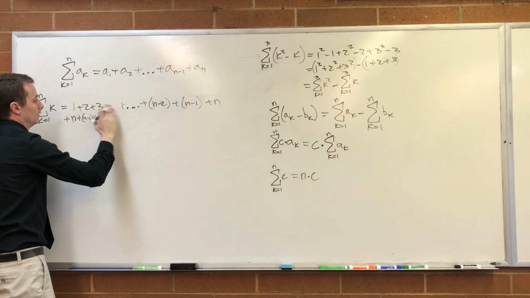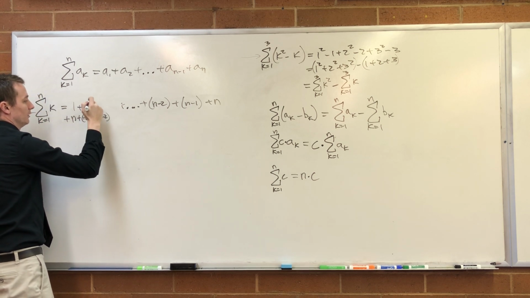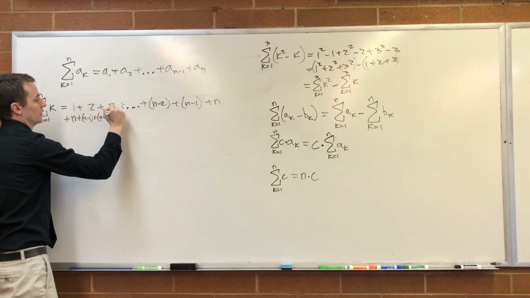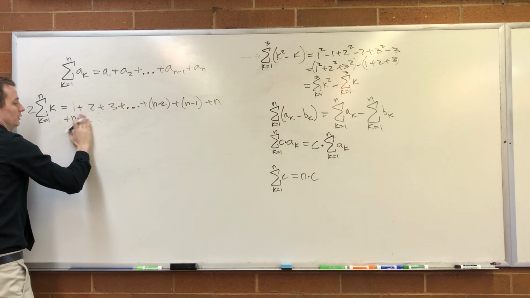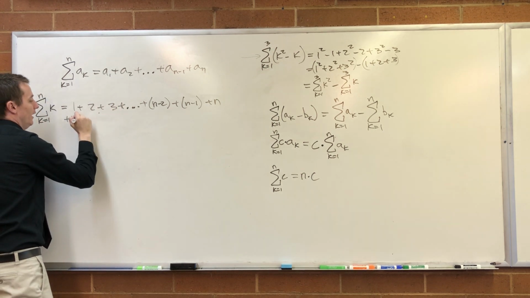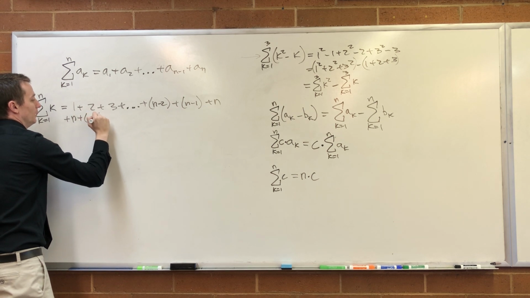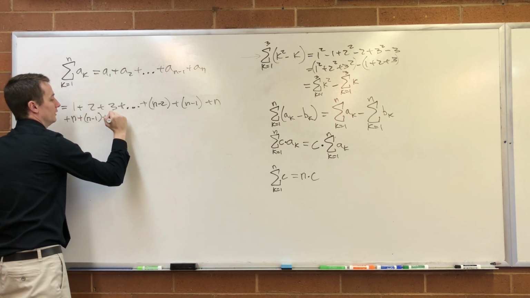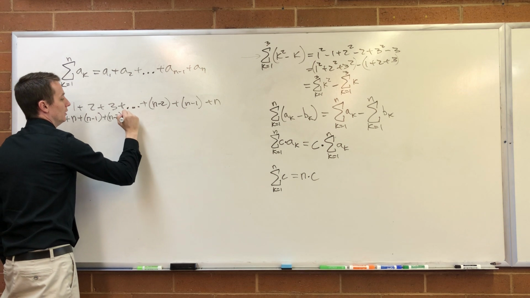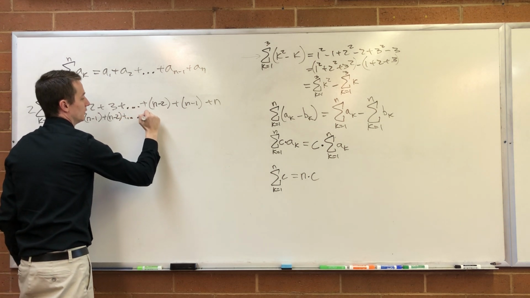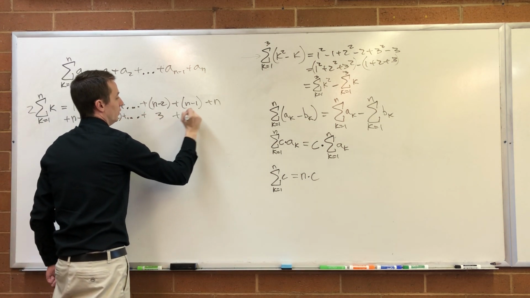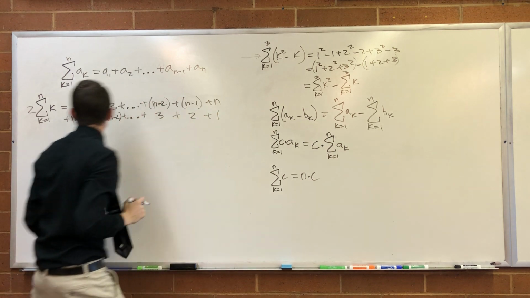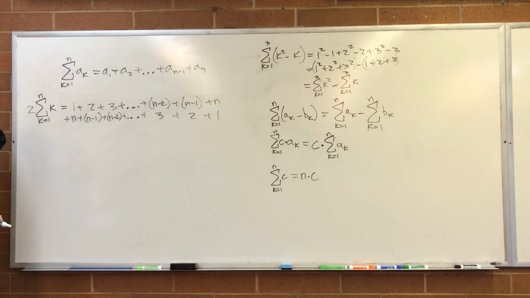Let me respace these: n plus n minus 1 plus n minus 2 plus ... plus 3 plus 2 plus 1. Agreed? I just wrote the exact same sum twice.